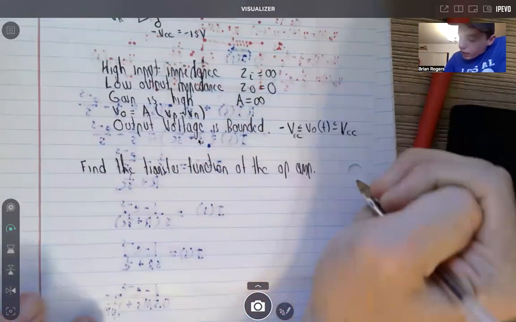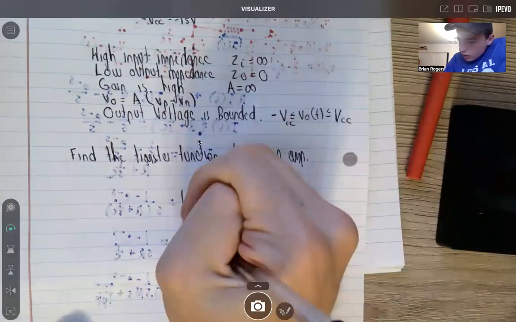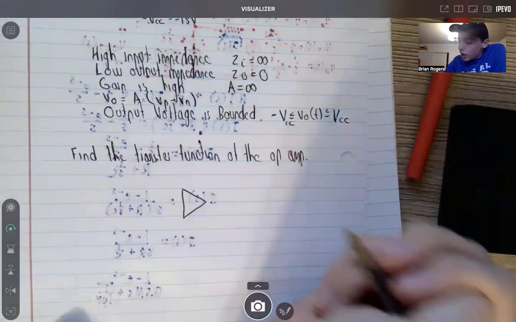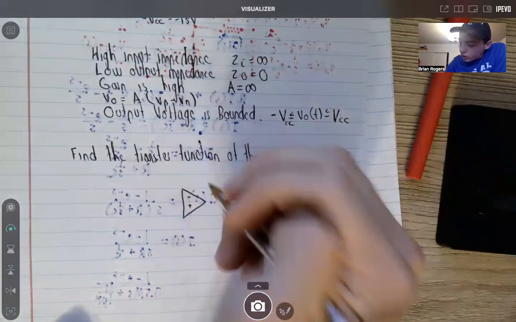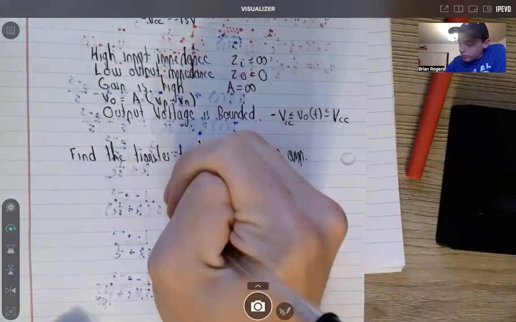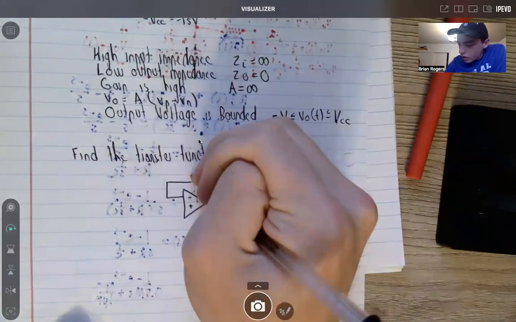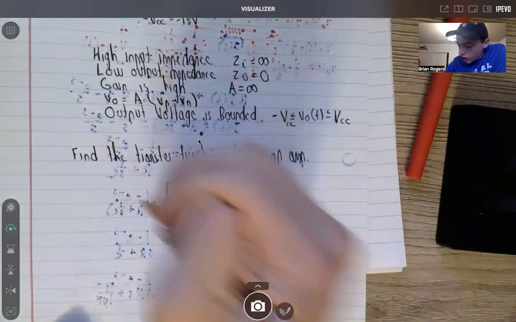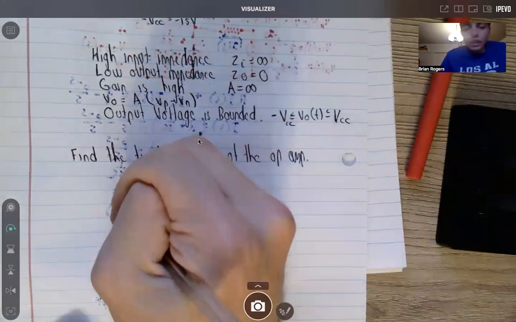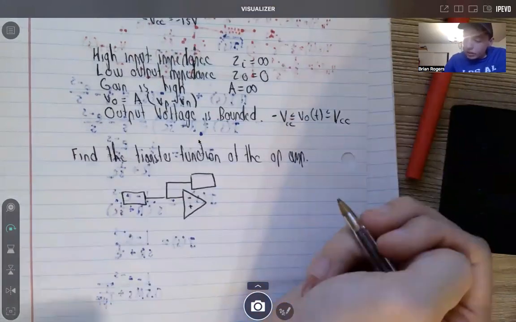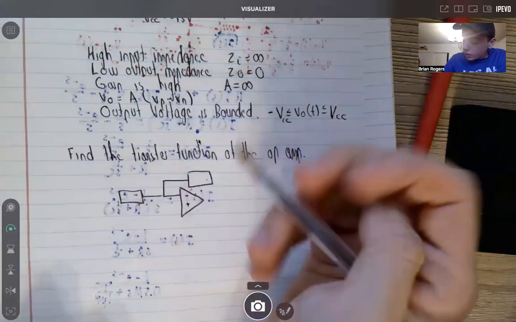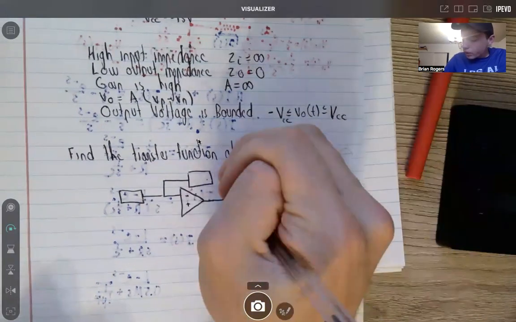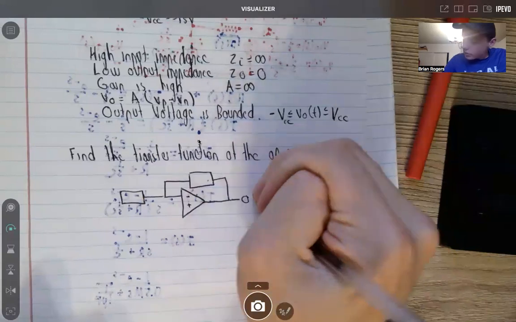Here we are given an operational amplifier, which has a negative and a positive terminal, and we notice that there is an impedance here and an impedance here. It can be an inductor, resistor, or capacitor in each box. We don't know particularly what it is, but we're just going to try and find the transfer function.